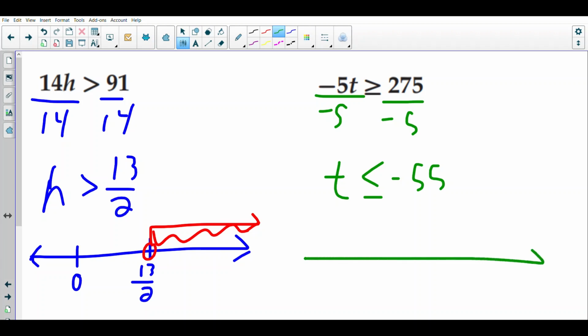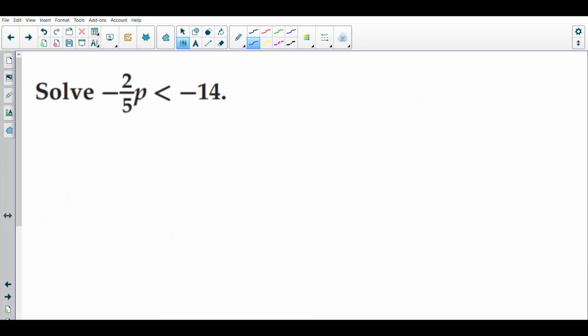So we get a symbol switch. I got my arbitrary 0, negative 55. It's a less than or equal to, so it's a solid circle. The variable's on the left, so I follow the arrow, or follow the inequality. So there we go.